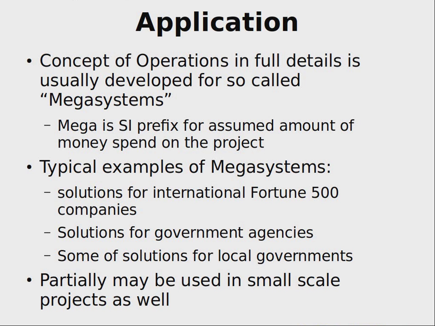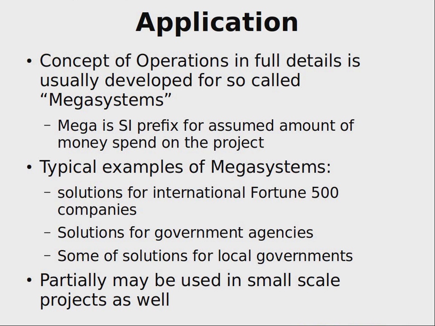And what are typical examples for megasystems? Solutions for large international companies like Fortune 500 companies, which have locations in several parts of the world, which have many thousands or even hundreds of thousands employees, etc., etc. Maybe solutions for different kind of government agencies.